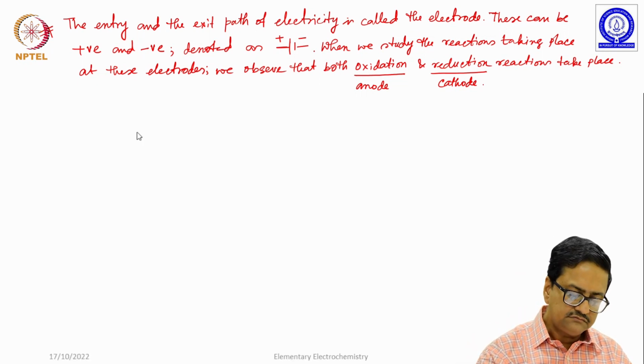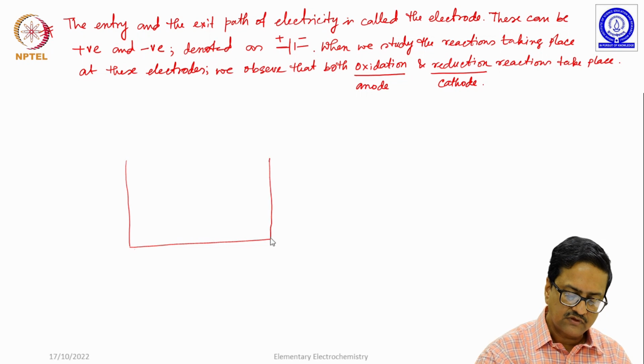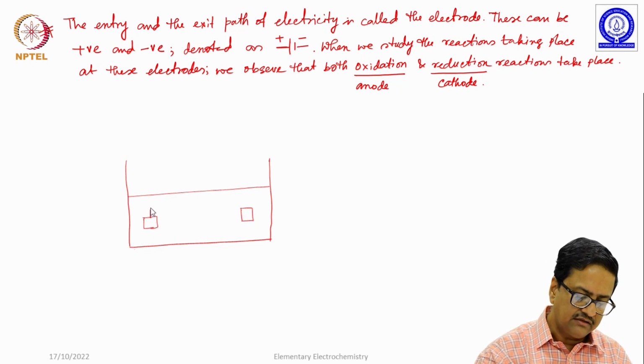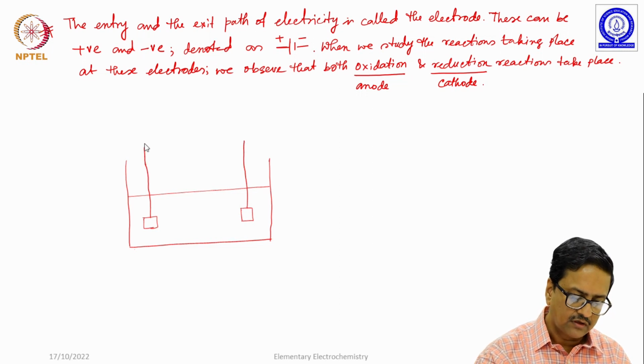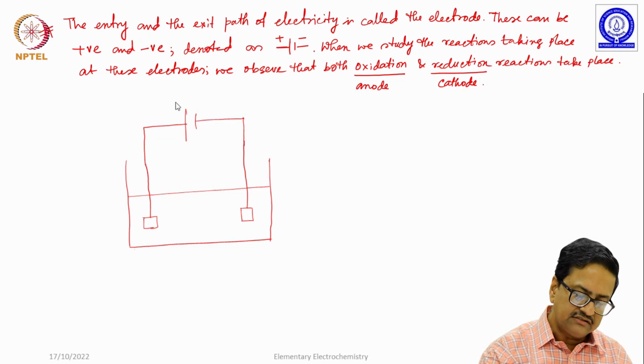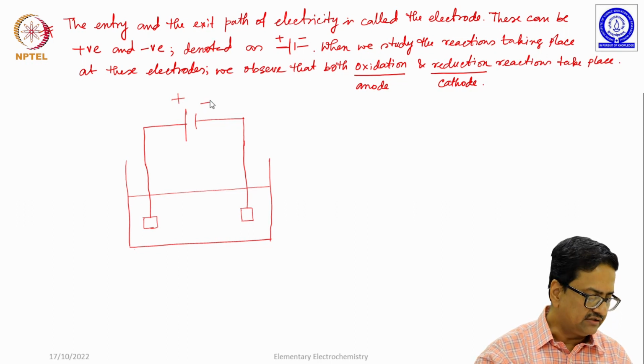So, if I just have water held in a container and I have dipped two electrodes which are then connected externally using a battery which has the positive and negative terminals like this.